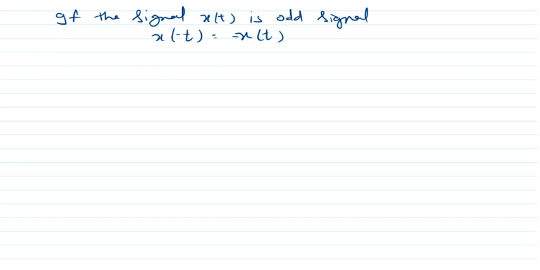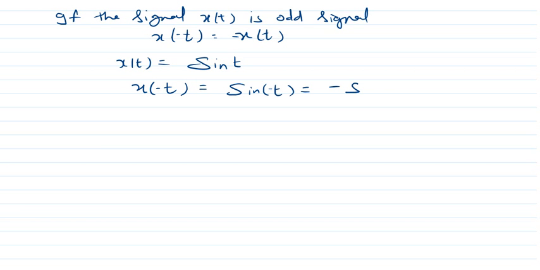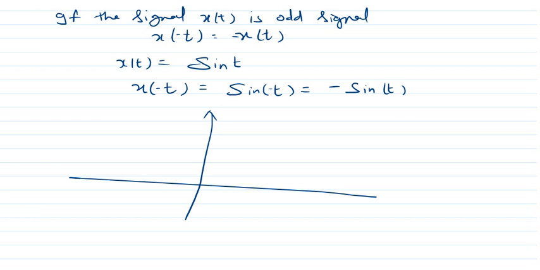So let us take an example. x(t) equals sin t. What is x(-t)? So x(-t) is sin(-t), that is minus of sin t. So if we draw the graph, then we are getting the odd symmetry.